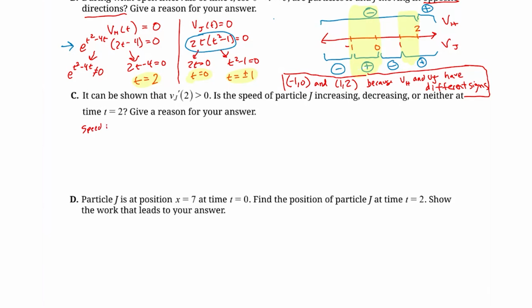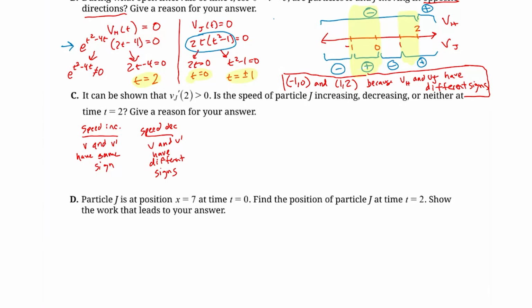The speed is increasing when velocity and acceleration, which we'll just call f prime, have the same sign, and the speed is decreasing whenever the velocity and the acceleration have different signs. Don't write any of this information out, but this should be what you're thinking.